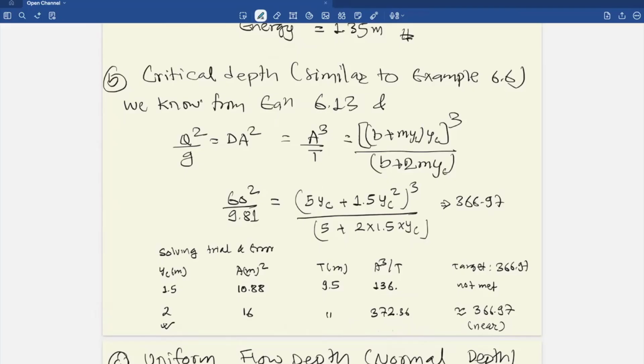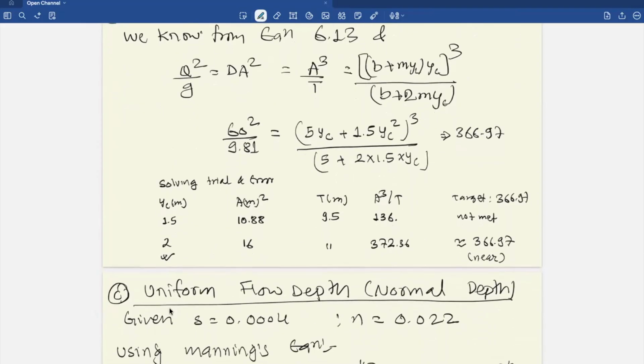And now it's time for computing the normal depth using the Manning equation. We are also given some parameters: S is equal to 0.004 and n is equal to 0.022.